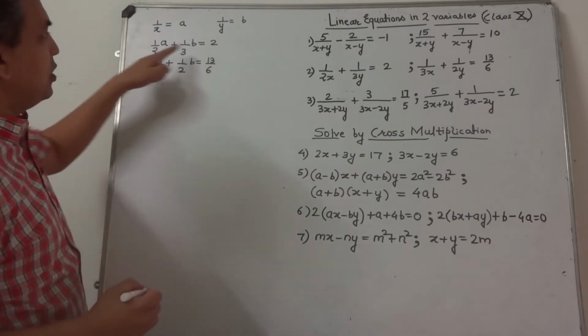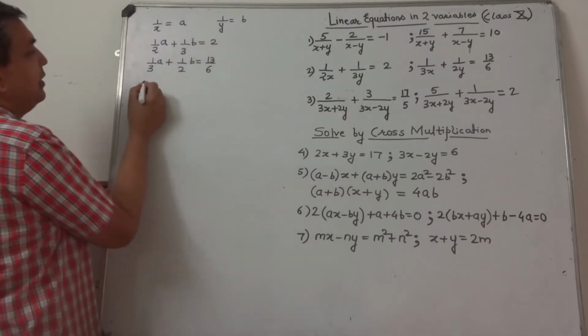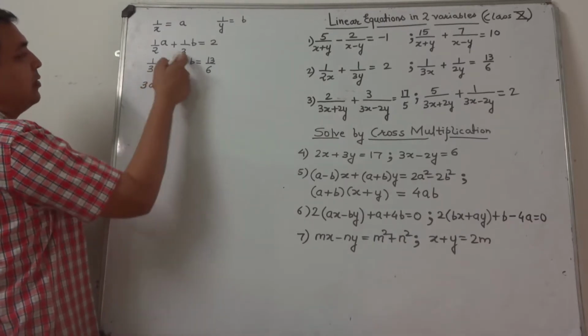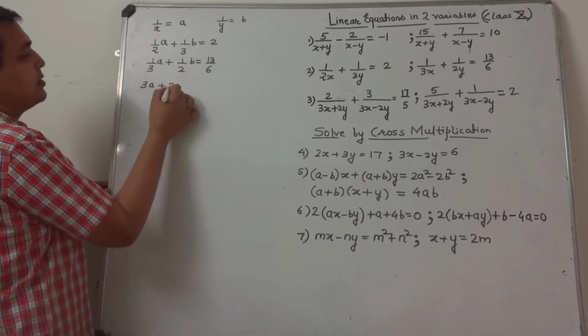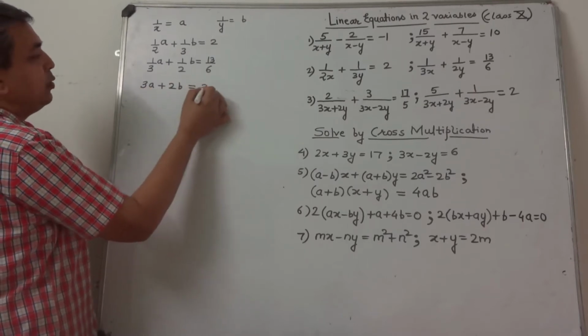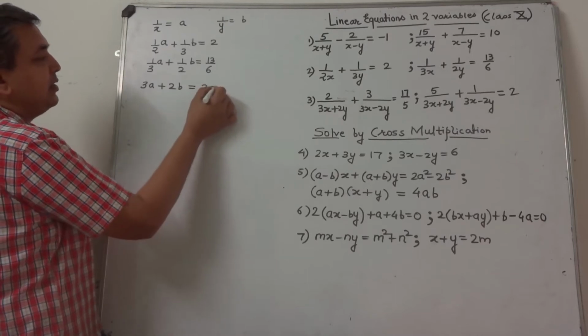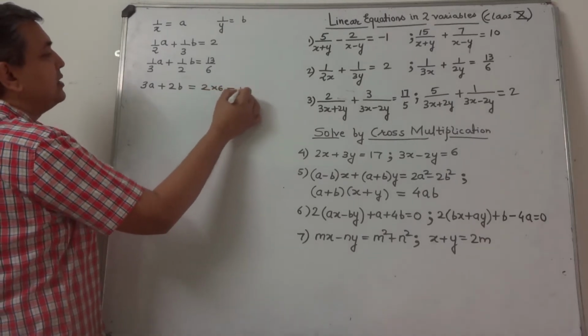Now can we solve this further? If we cross multiply and solve, we will get 3a plus 2b upon 6 equal to 2, and this 6 we can transfer on right hand side, so 2 into 6, that is equal to 12.